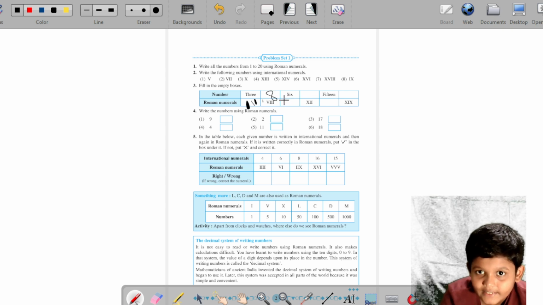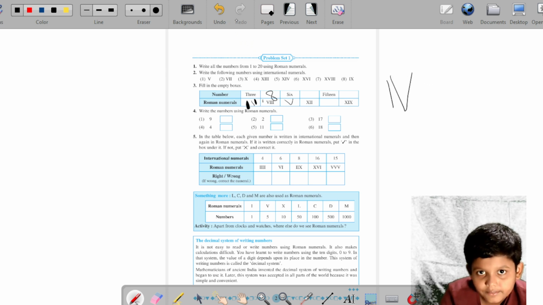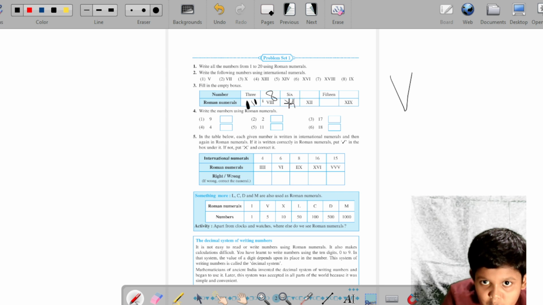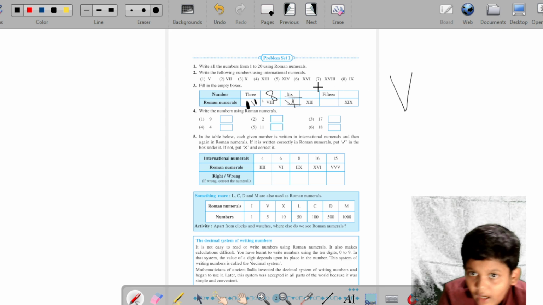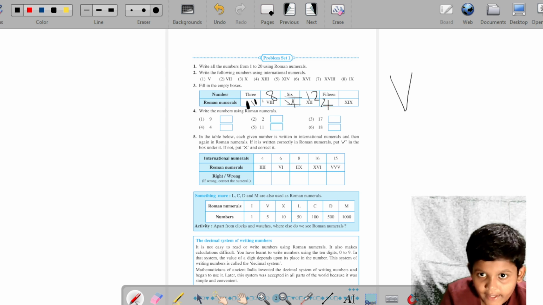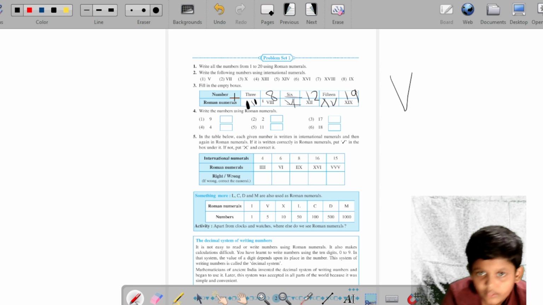Then how to write 6? VI. Is this the right way? Tell me in the comments. XII means 12, 15 is XV. And this one 19. Solved.